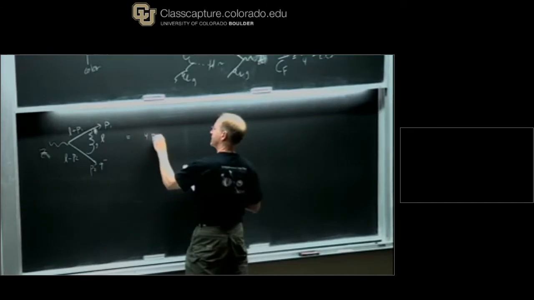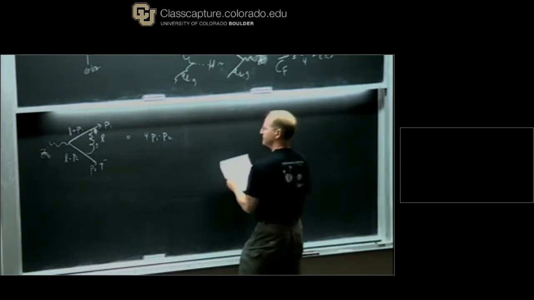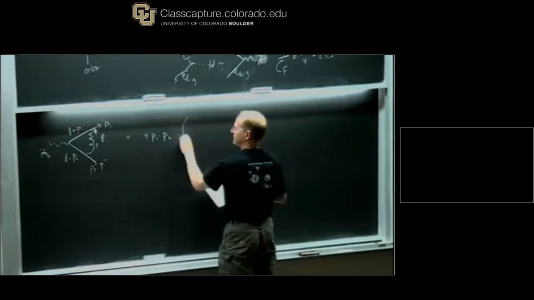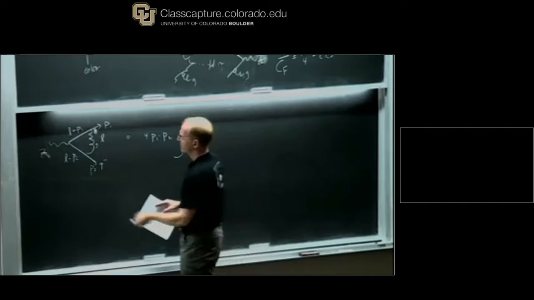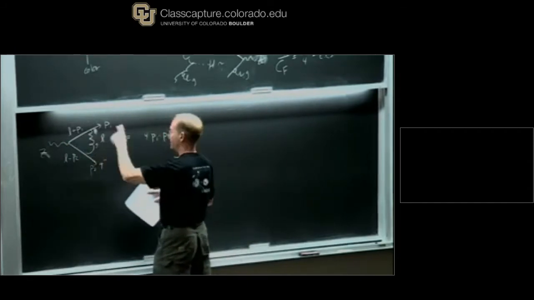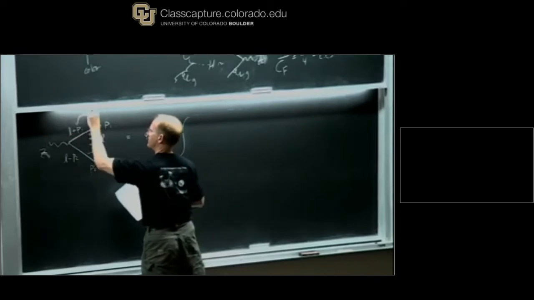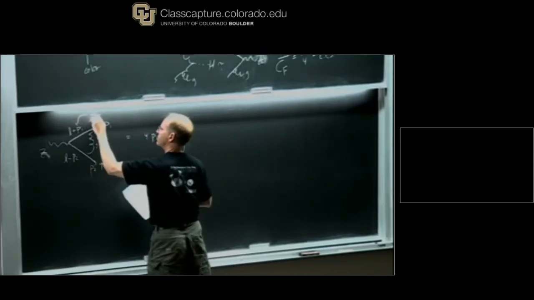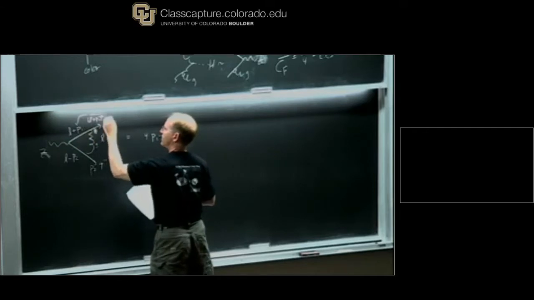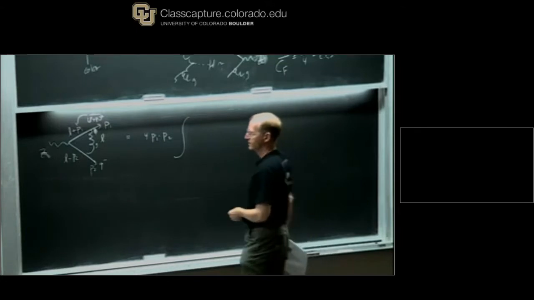So we get some factor like 4 P1 dot P2 coming out front. And remember, it didn't really matter what line this was. Once we took this eikonal factor, this is a bosonic line, which has the form 1 over L minus P1 squared.